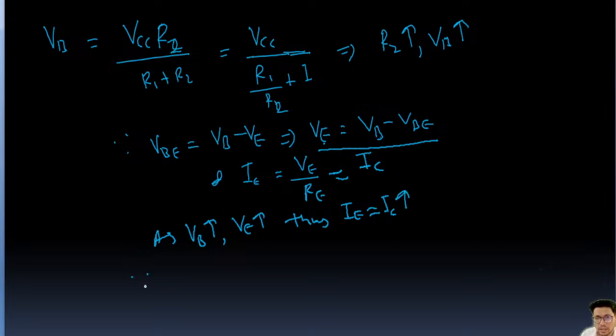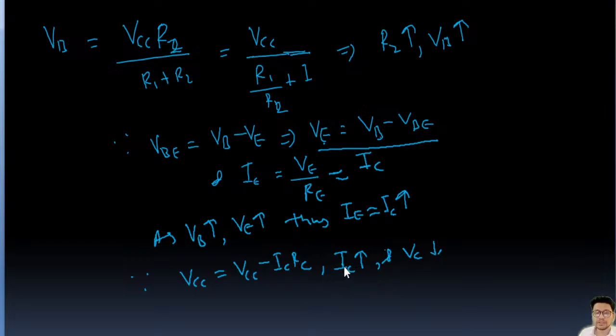Here also we know VC equals VCC minus IC RC. So if IC increases, then the drop IC RC increases and VC decreases, right?